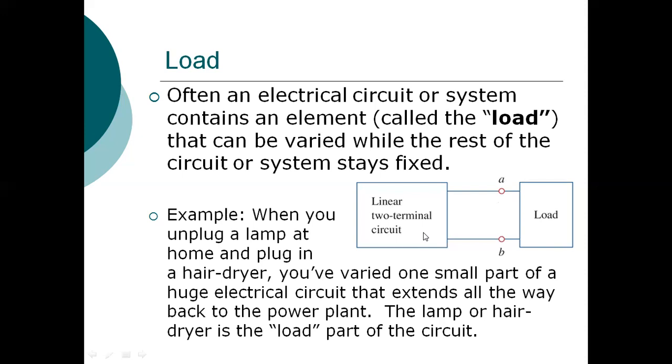The lamp or the hair dryer is the load, which is part of the circuit. The load taken by the lamp and that of the hair dryer are different. So the rest of the network remains the same, but the load changes as per requirements. The linear two-terminal network remains the same, but every time the load changes.